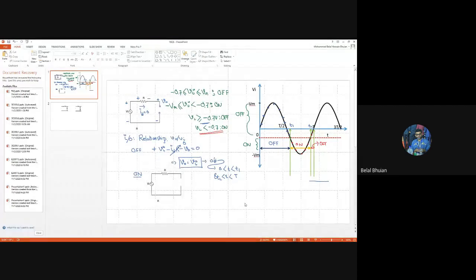Since the diode is on, we can replace the diode with 0.7.